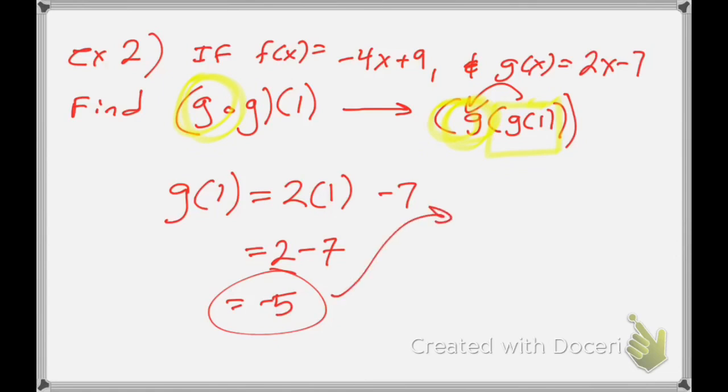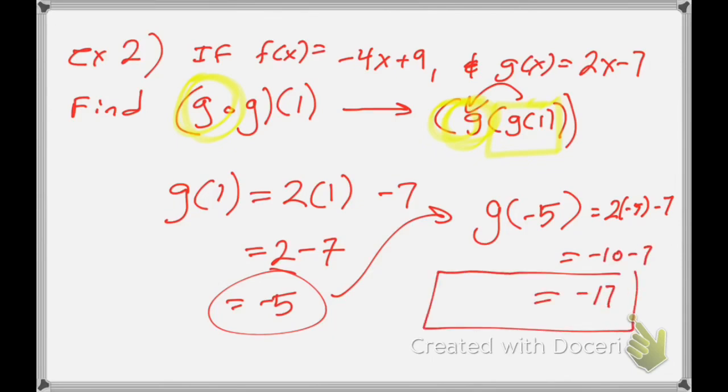Now I evaluate that function g when x is equal to negative 5. So we get 2 times negative 5 minus 7 gives me negative 10 minus 7 gives me negative 17. So g of g of 1 is equal to negative 17.